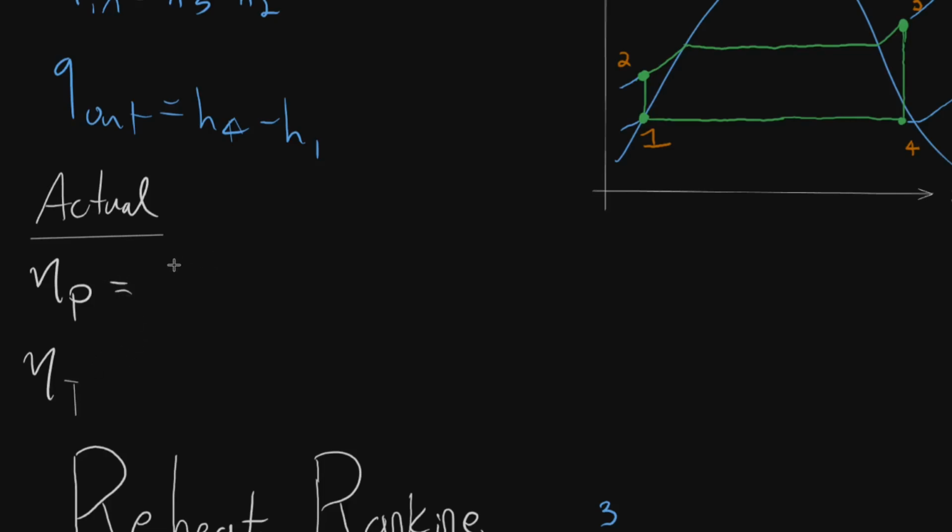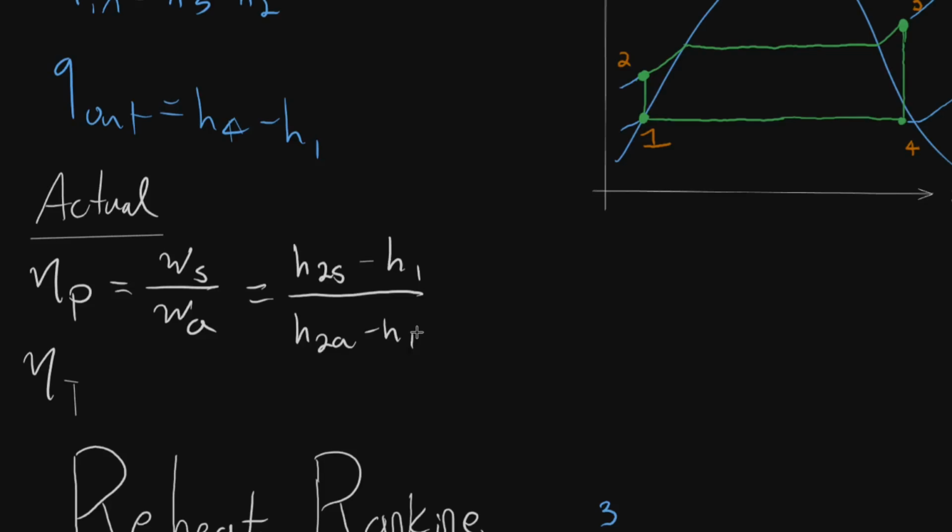So for the pump, we have a work input. We're going to have the ideal over the actual, because the actual, in the best case, is equal to the ideal, but we're likely going to have to put in more work input, which, from our conservation of energy, is the ideal change in enthalpy over the actual. We can't do anything with temperatures because, again, we don't have the constant specific heats like the air assumptions.